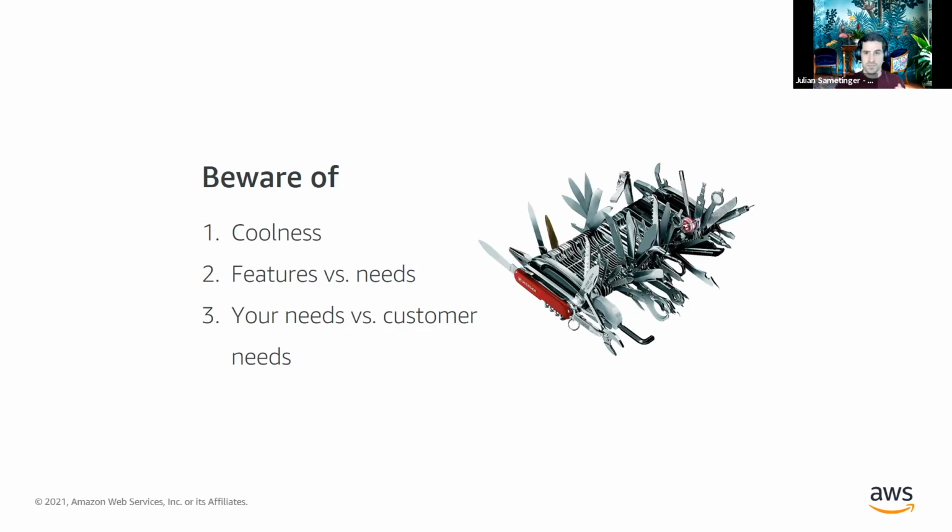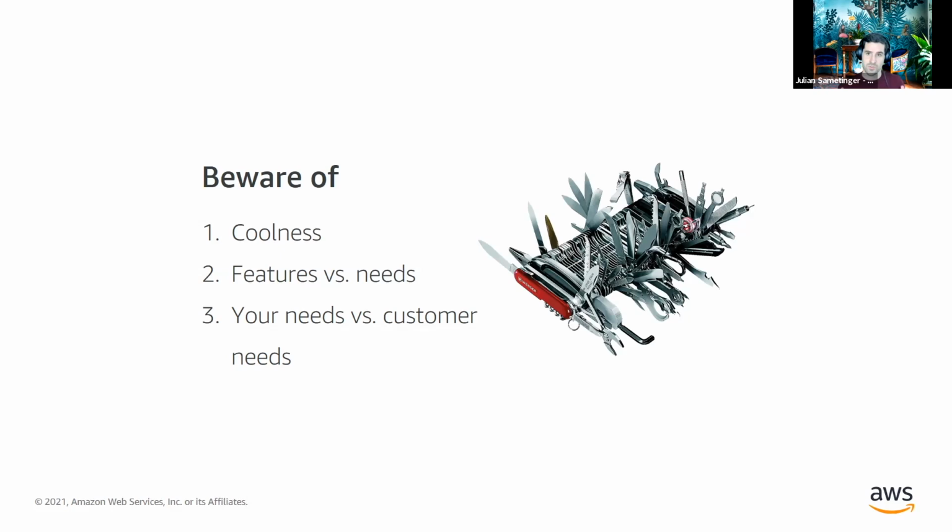Then features versus needs is the second key part to keep in mind when you assess whether you are working backwards from a customer, or you're working backwards from business objectives or your own ideas about what a customer might need. A lot of companies focus on selling a feature, and they say, we are offering the best hard drive in the market. It can do this, this, and that. Most of the buyers will not even know what half of the features mean.